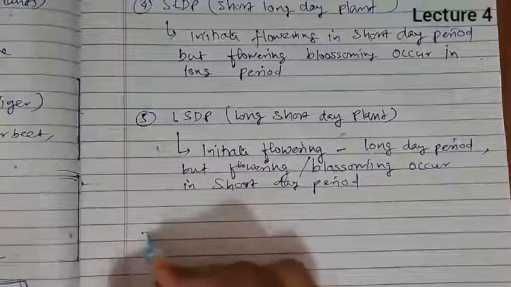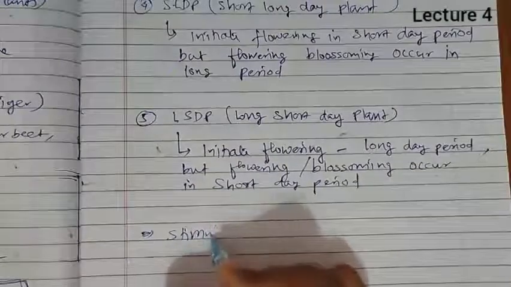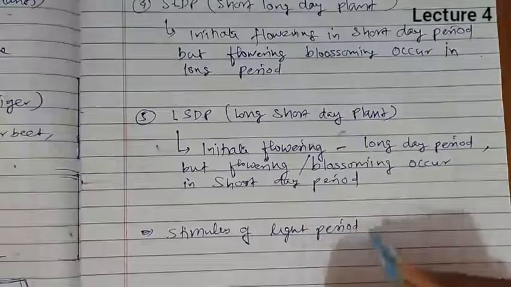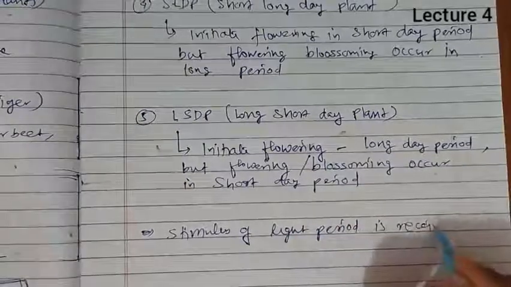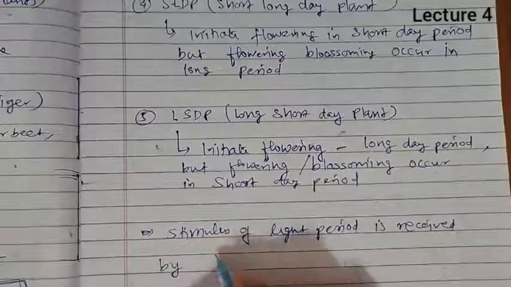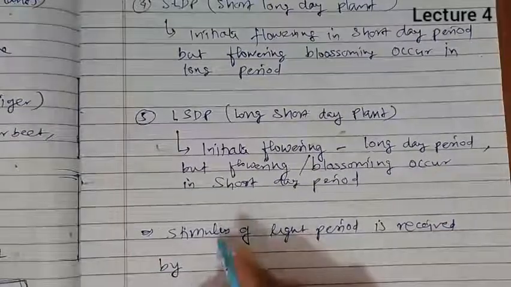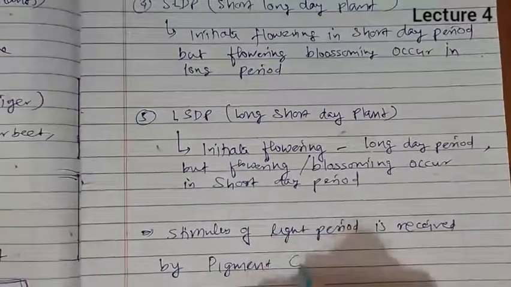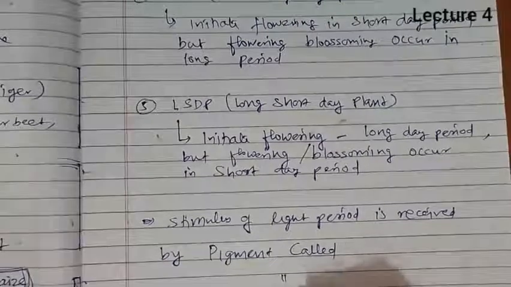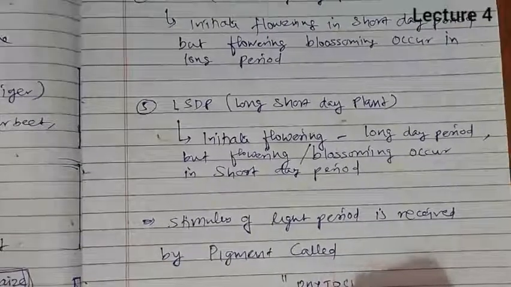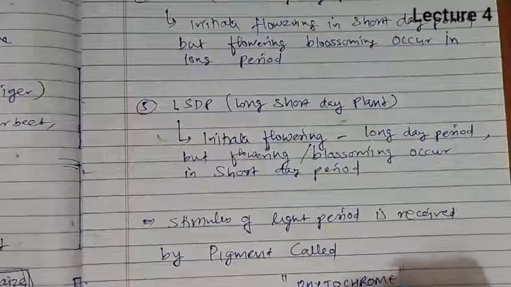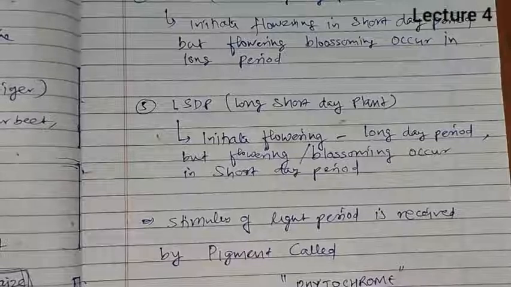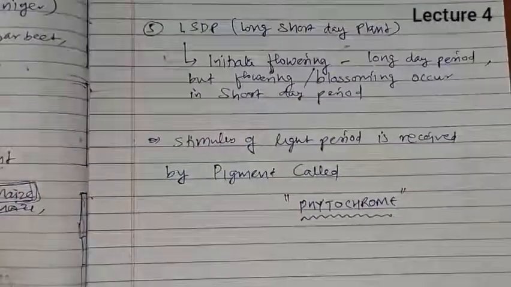But the stimulus of light period is received by a pigment called phytochrome, that is carried out by the pigment called phytochrome.